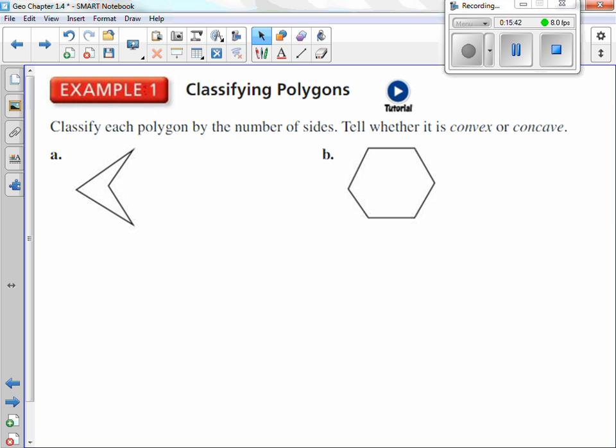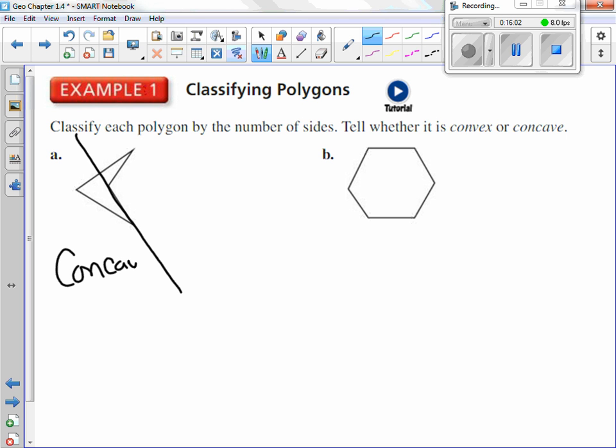So looking at letter A here. This is underneath concave. Would we call this convex or concave? Concave, because I can extend these two sides, yes? If I extend this side here, it goes straight through. It cuts part of it off, yes? So this here is concave. But we also want to classify it by the number of sides.